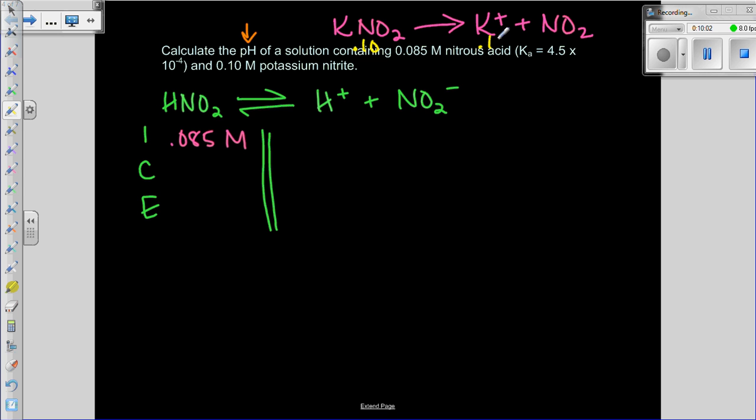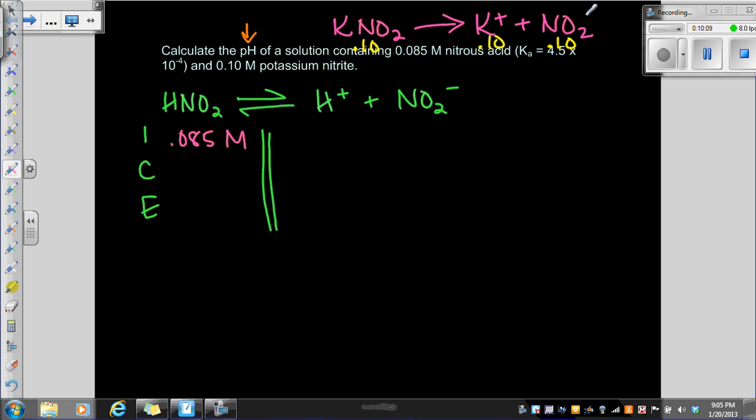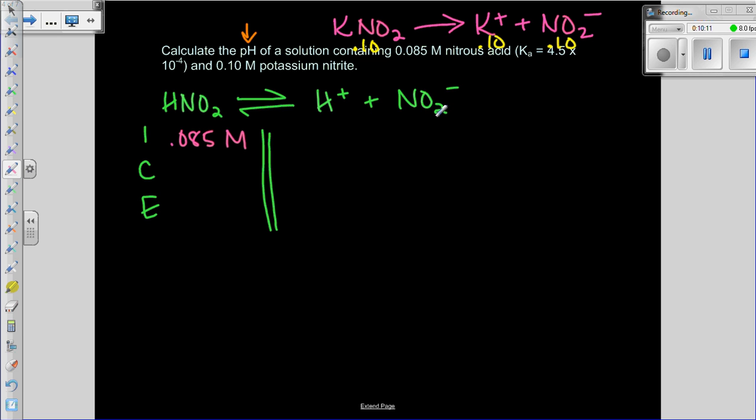So I'm sorry, it's 0.10 molar. So each of these is 0.10 molar. And nitrite is the ion that's common. So that will be 0.10 molar. I don't have any H plus when I put this in there initially.